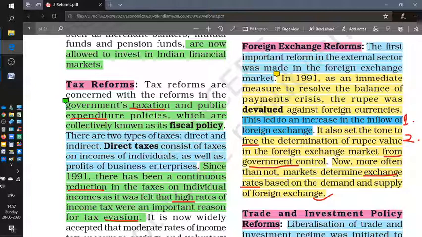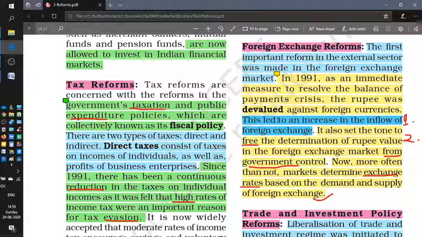People will pay for what they buy from us. We can sell more because it's cheaper, it's competitive now in the international market. That's why we start earning foreign exchange. So that's the first thing we did to rectify the problem of the BOP crisis.